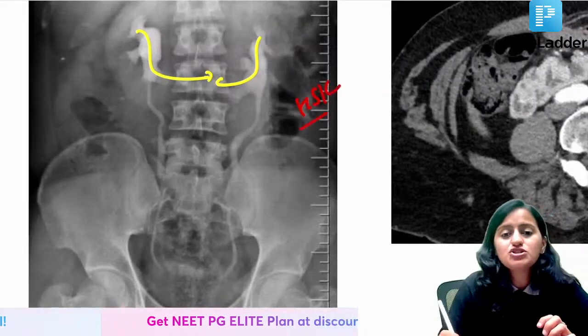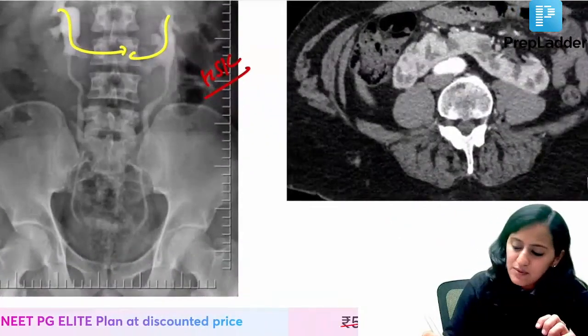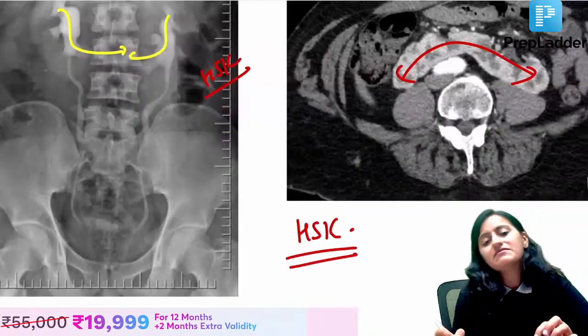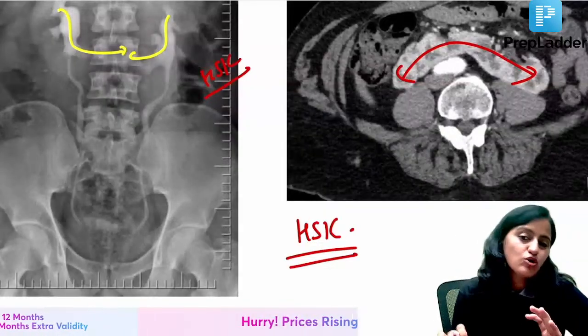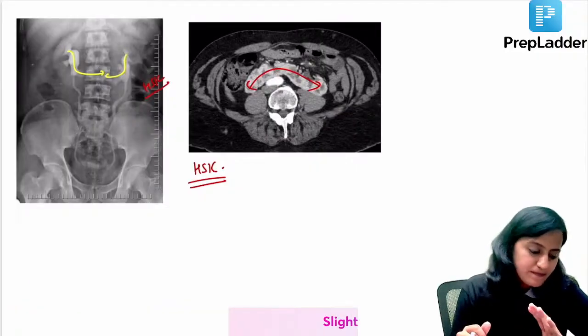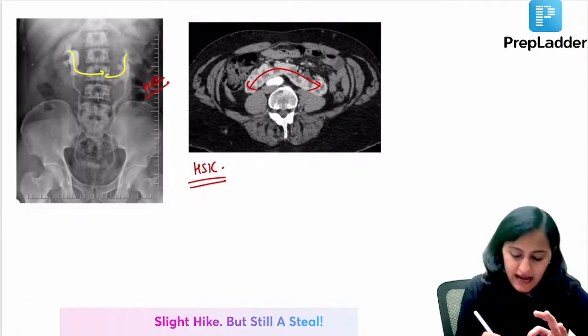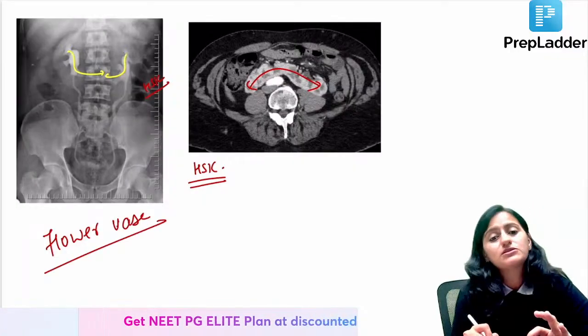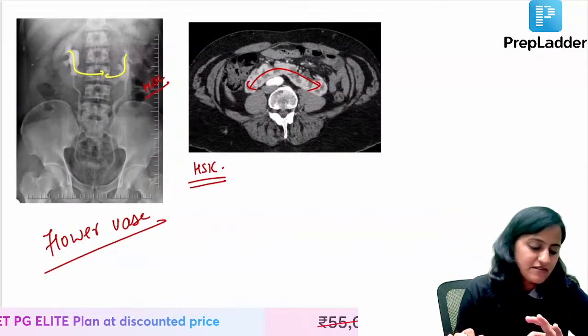Okay, this is horseshoe kidney. The same thing you are seeing here on the CT, this is horseshoe kidney, very important. Okay, this is horseshoe kidney on IVP and on CT. It is called flower vase appearance, handshake appearance, joining hands appearance in IVP, right? Horseshoe kidney is very frequently asked.